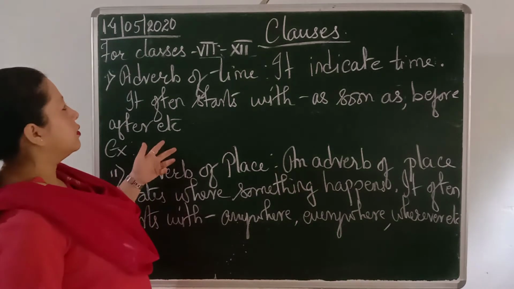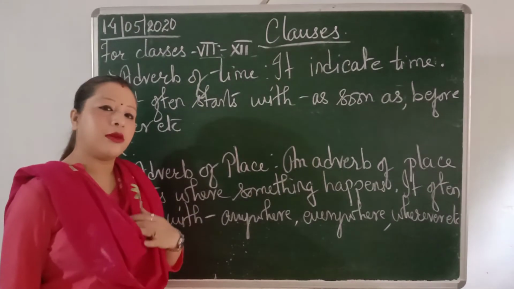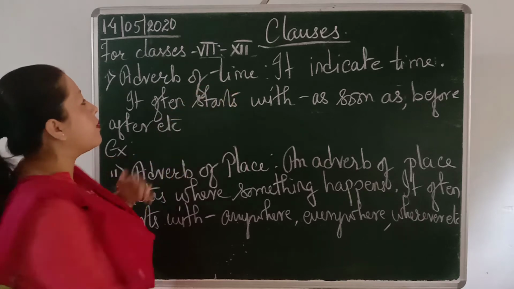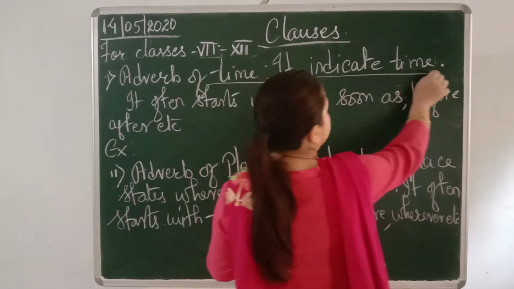Okay. So now we are going to study the types of adverb clause. Number 1 is adverb of time. This adverb of time indicates time.